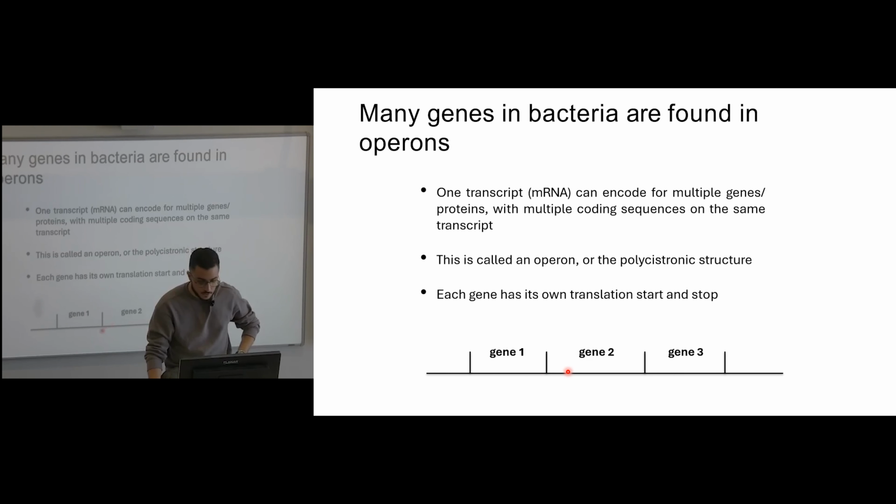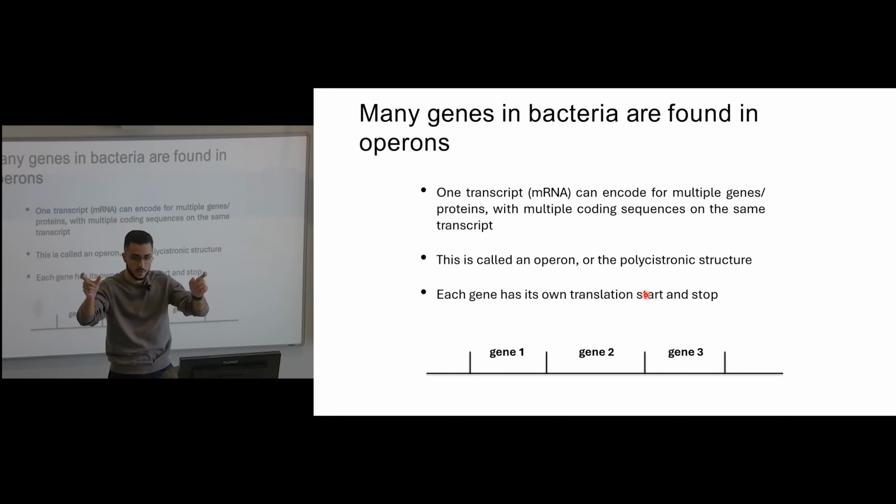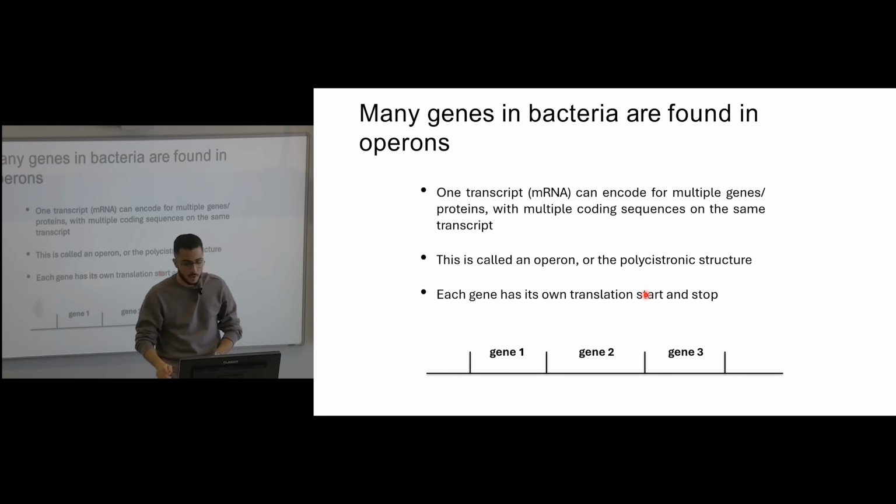But in this case, you'll have multiple genes being transcribed on the same mRNA molecule, used to produce different proteins, okay, that are part of the same operon. For example, the lac operon will have all its genes on the same RNA molecule, instead of 3 separate molecules, okay? And each gene has its own start and stop codon for translation. We'll see this later on.